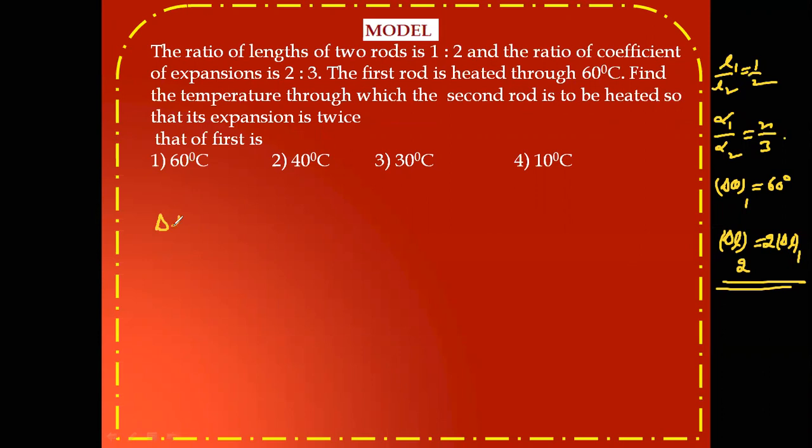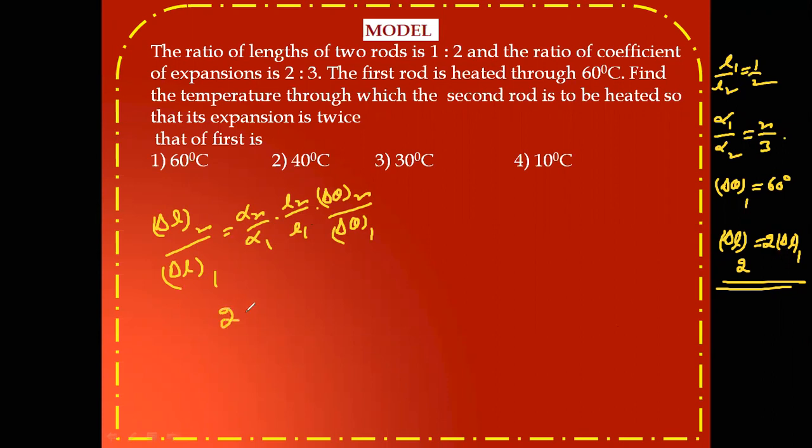So what can I take? Delta L of 2 upon delta L of 1. What is the formula? Alpha 2 by alpha 1 into L2 by L1 multiplied with delta theta of 2 by delta theta of 1. This is the information they give. So delta L of 2 upon delta L of 1 is 2 only.